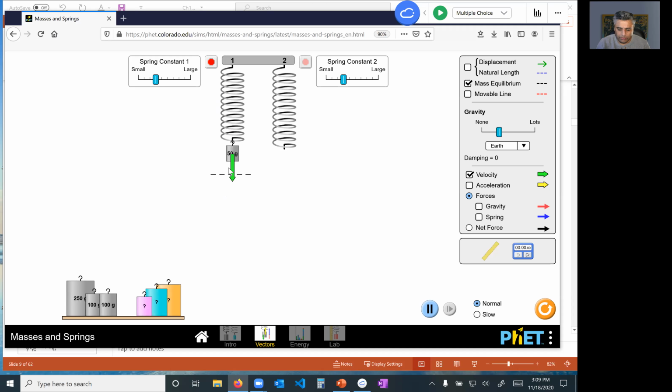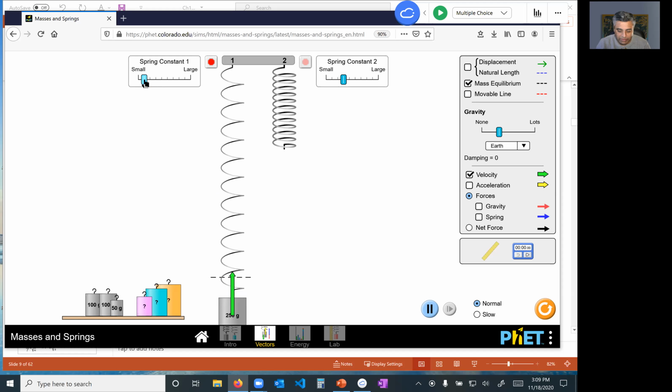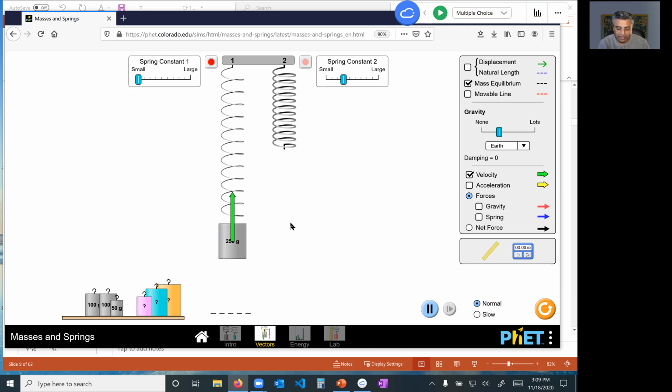Oh, what happened? Oh, my bad. Oh, there is spring constant. I can change that by putting a large mass, and a smaller spring constant is going to take longer time. Down there we cannot see the downward motion, but the upward one from the equilibrium, we can see it, right?